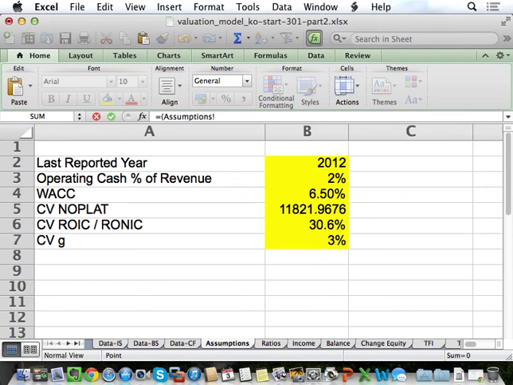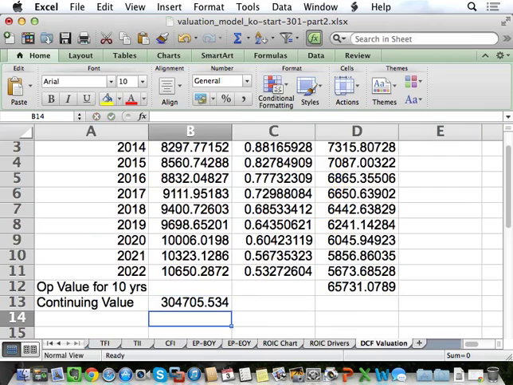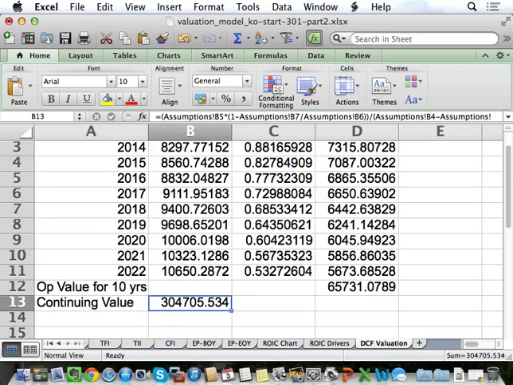What that formula says is we take our NOPLAT, we multiply it by left paren 1 minus the growth divided by the ROIC, right paren, and we then divide that by left paren, the WACC minus the growth, right paren. So assuming I have the correct order of operations, I should come up with a continuing value of 304,705 and change.